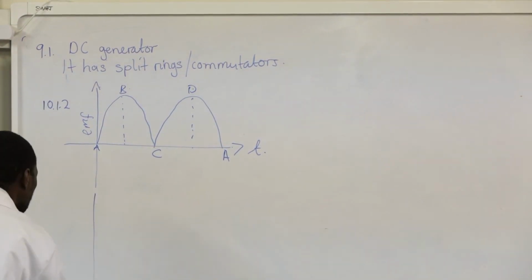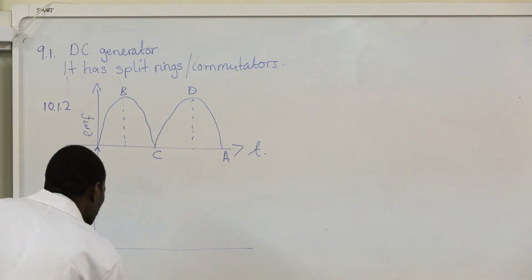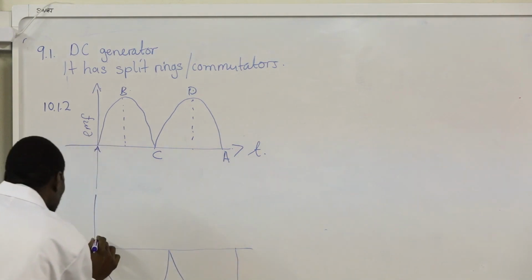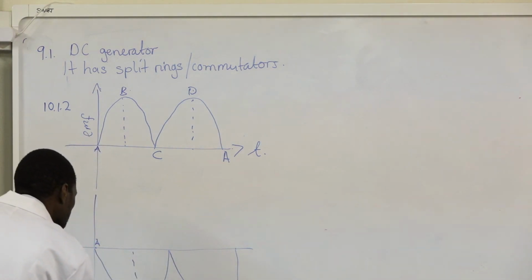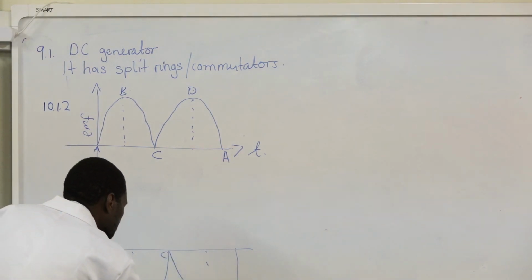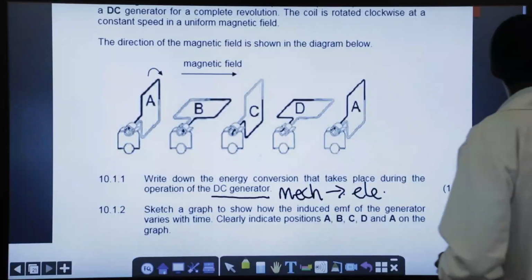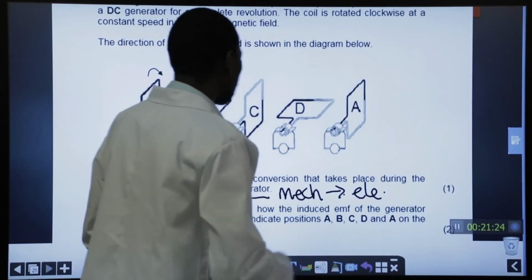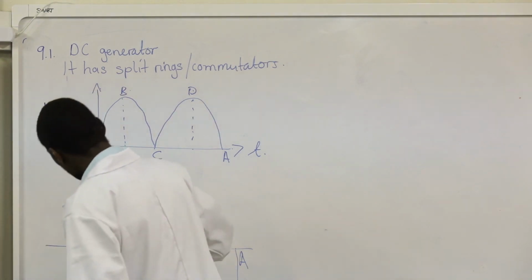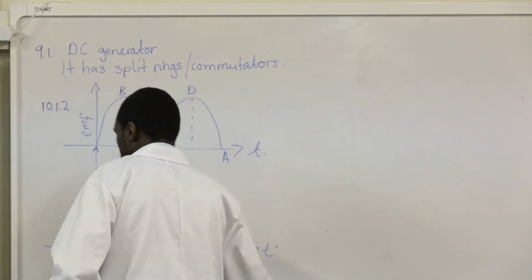I can also invert that graph, and that will be my A right here, and B, and C, and D, and A. So either of these graphs is showing the generation of the EMF over time.